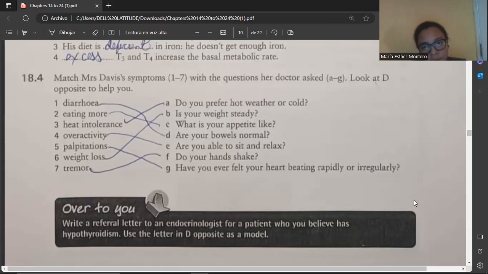Overactivity. Are you able to sit and relax? Palpitations. Have you ever felt your heart beating rapidly or irregularly? Weight loss. Is your weight steady? Tremors. Do your hands shake?